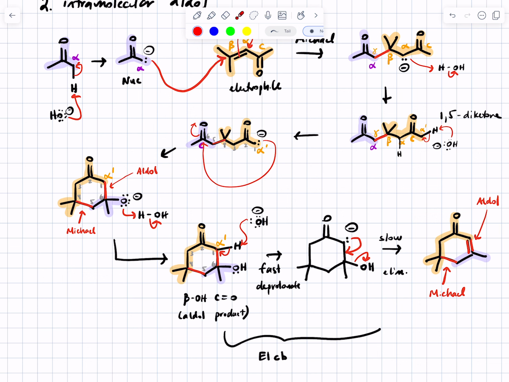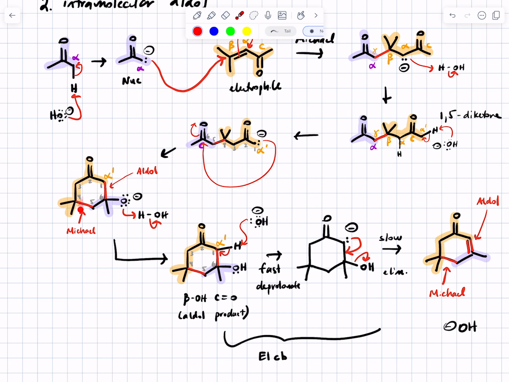What else? Is there anything to stop the OH from attacking the other alpha position? No, I'm just back at the aldol product step.